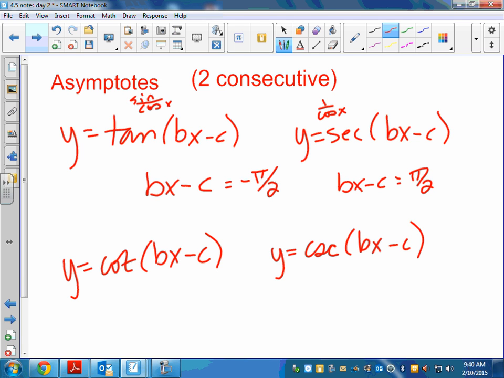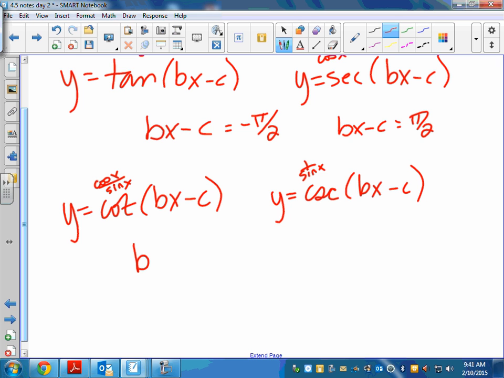Cotangent is the same as saying cosine over sine, and cosecant is the same as 1 over sine. So since they both have sine in the bottom, that's why to find their asymptotes you do the same thing. It's undefined where sine equals 0, which is on the x-axis. So to find their 2 consecutive asymptotes, you set that equal to 0, and you set that equal to pi.